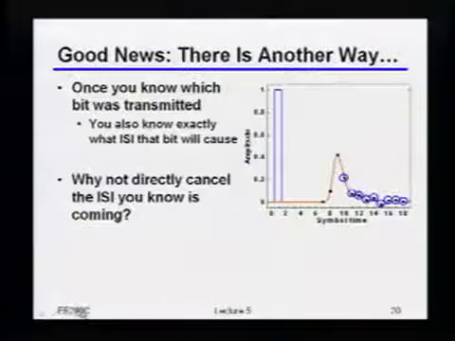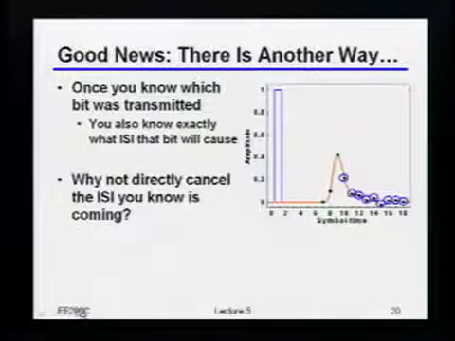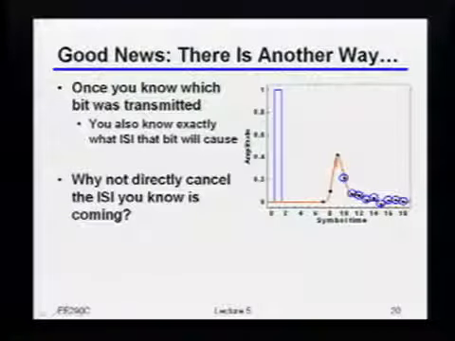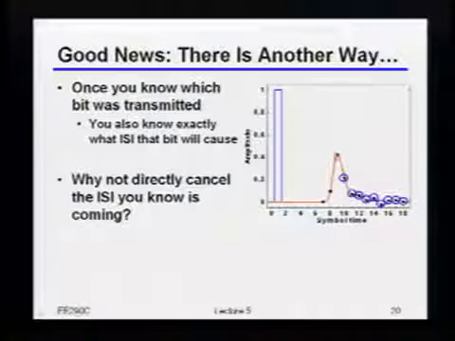Okay? So the key insight to getting to this final type of equalizer we're going to talk about is to realize that if I look at my pulse response here, let's say that I really got something like this. And let's say that somehow I actually detected this bit correctly. Somehow I figured out that this was supposed to be a 1.